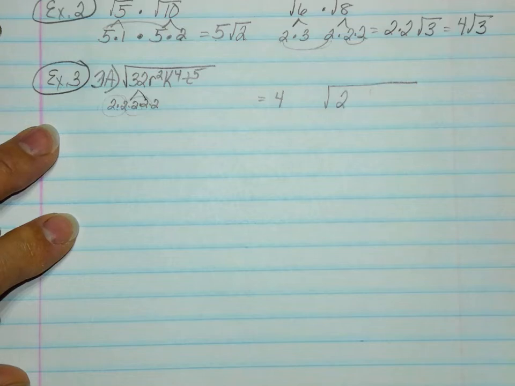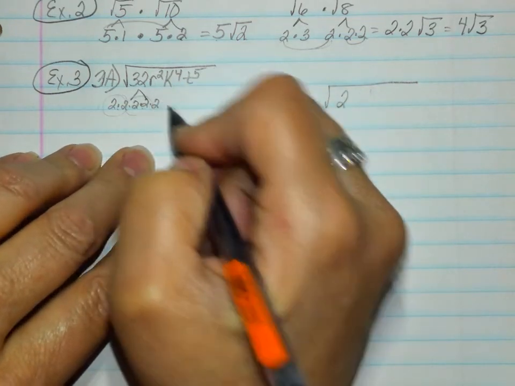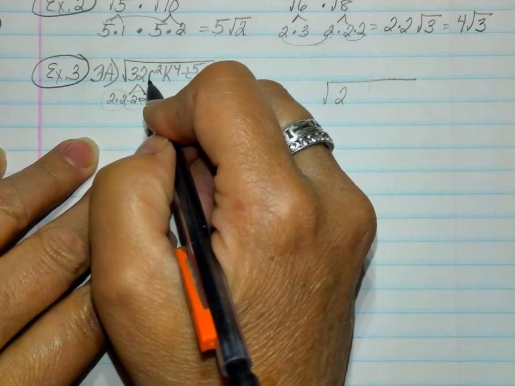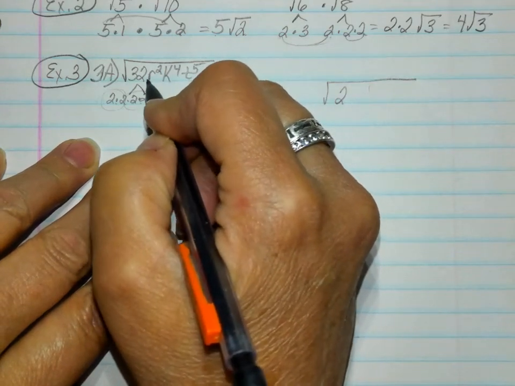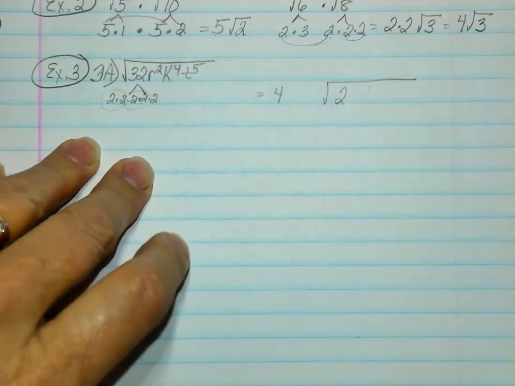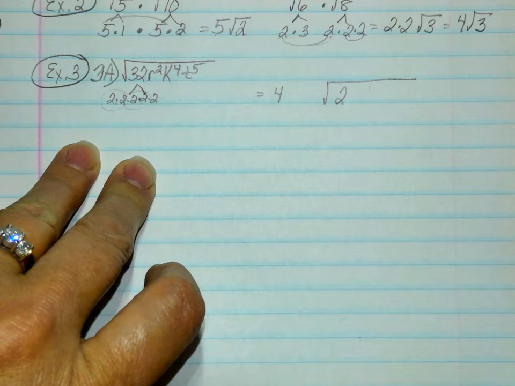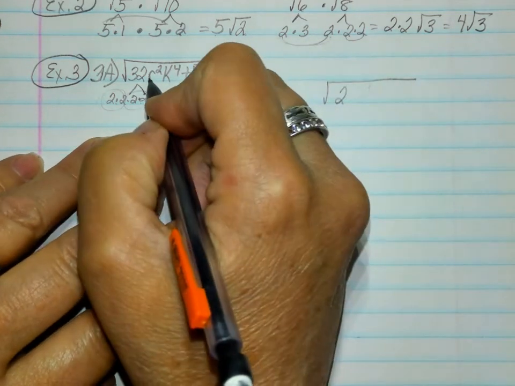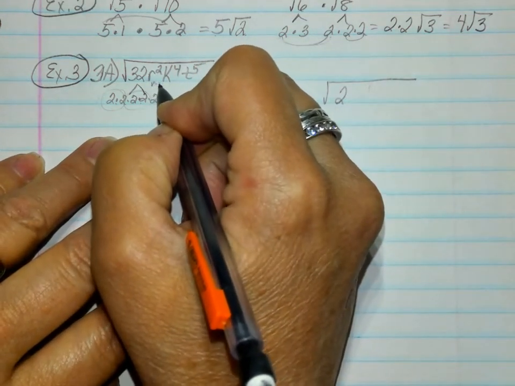Now, here's something that's pretty important. If I have r squared, r squared means 1 r comes out, doesn't it? This is just r times r.